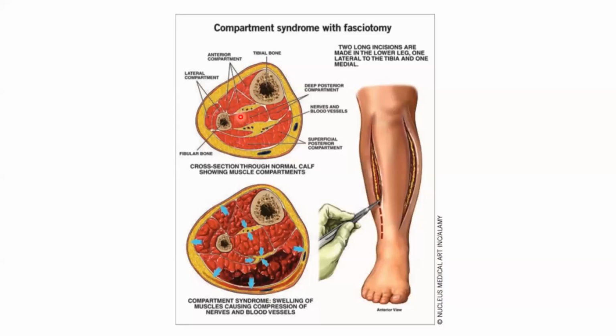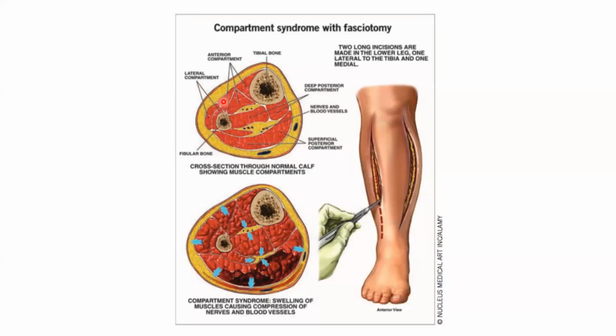That will first lead to compression of veins because the walls of the veins are thin, right? It will cause impaired blood flow and further swelling, and ultimately compression of the arteries and loss of blood supply to these muscles, and ischemia, that is, the cells will die off.